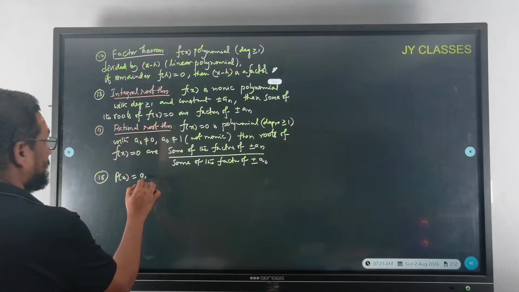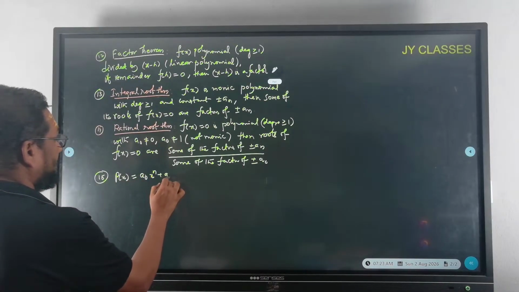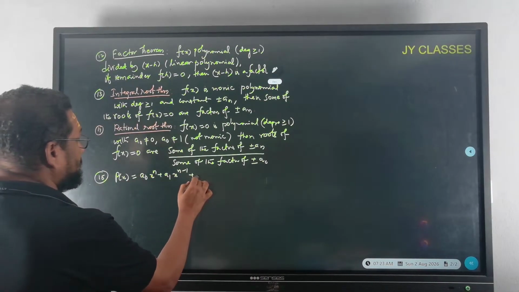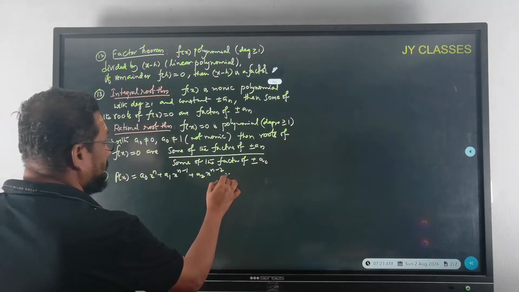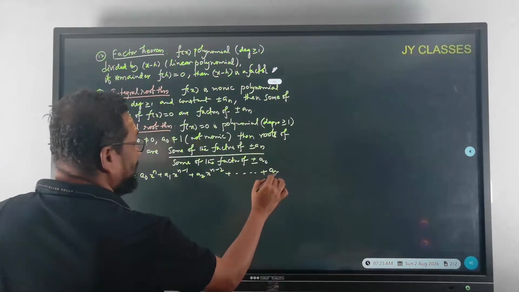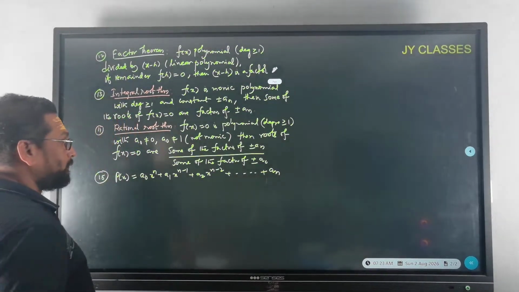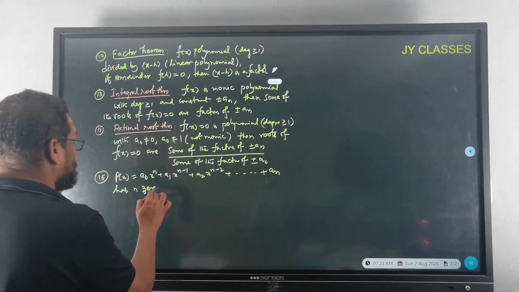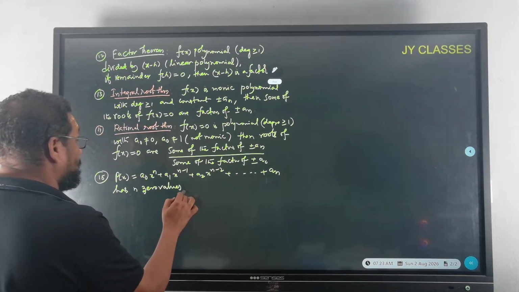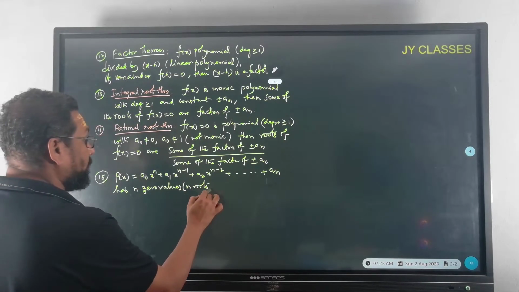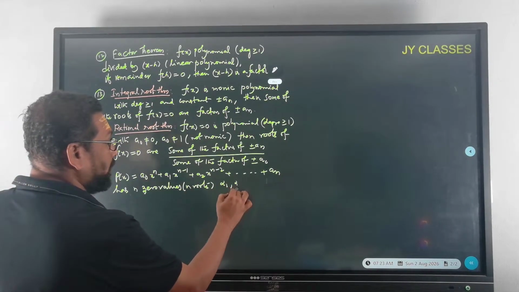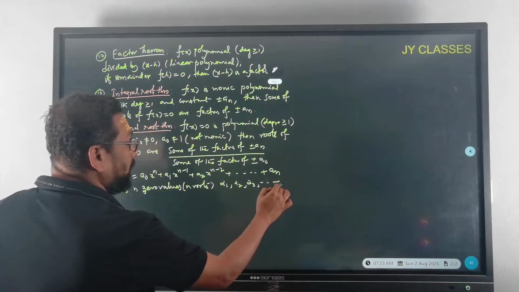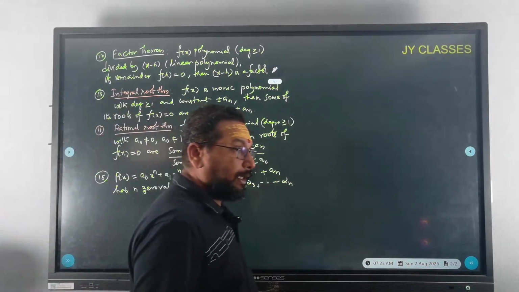P of x is equal to a naught x power n plus a1 x power n minus 1 plus a2 x power n minus 2 plus and so on plus an, has n zero values or n roots, alpha 1, alpha 2, alpha 3, and so on alpha n. These are n roots.